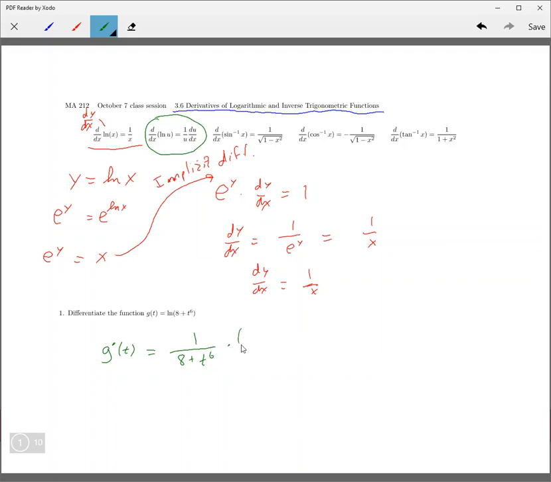So the derivative of 8 is 0, and the derivative of t to the 6 is 6 t to the 5th. And so then it's going to be 6 t to the 5th over 8 plus t to the 6th. And that should be the answer for number 1.